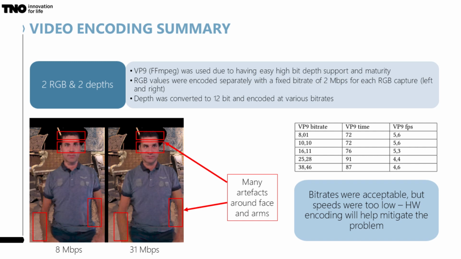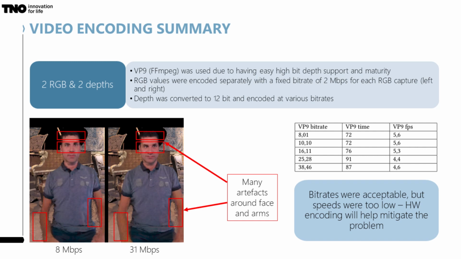So I'll remind you that the Kinects output a 16-bit depth image, and so we've converted that to 12-bit and encoded that with the VP9. And we've separated the RGB and the depth values, having the RGB fixed at 2 megabits per second for both the left and the right, and the depth then with variable bit rates.